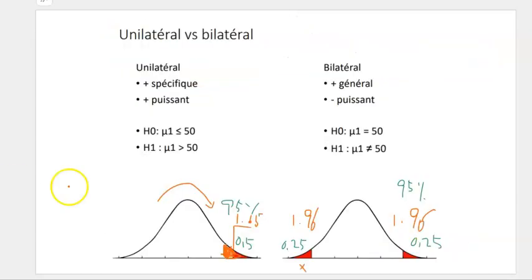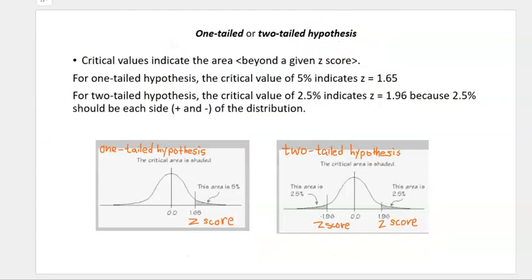Let's continue with the explanation of the Z-score, bilateral and unilateral, which I explained before. In the two tails, it is 2.5% each, and in one tail it is only one part, so that is about 5% in total for one direction.